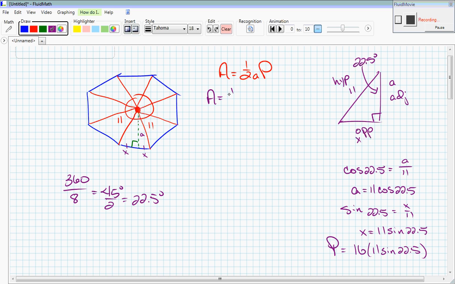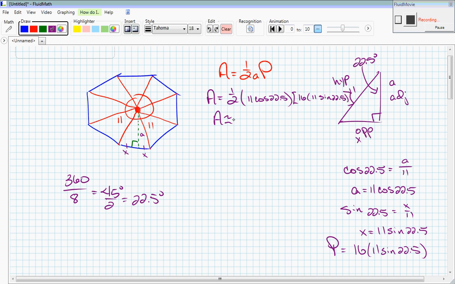All we have to do is plug into our formula. We put the apothem in here first. Looks like we're going to run out of room. Okay, and here we have, we'll put bracket 16 times 11 times the sine of 22.5, bracket here.